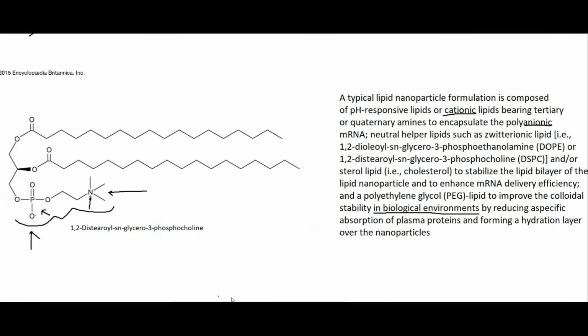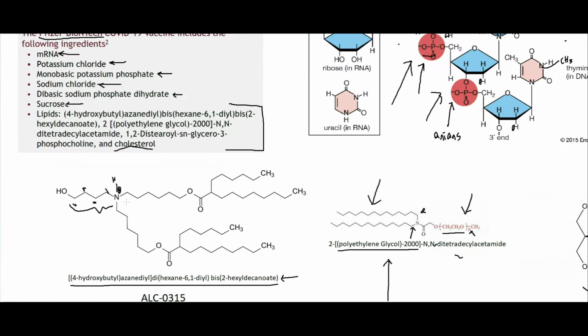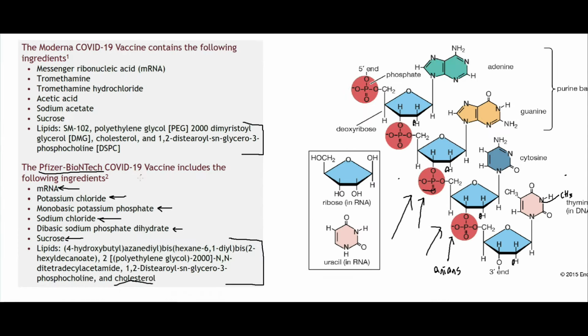A hydration layer is essentially, we have our nanoparticle here, and a hydration layer is just water, H2O, sort of around our lipid nanoparticle here. And that's what those three different lipids are doing in the vaccine.